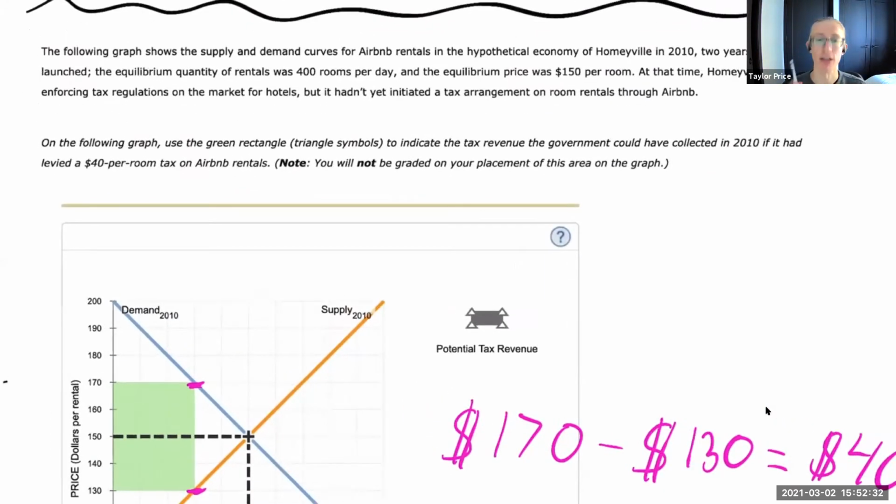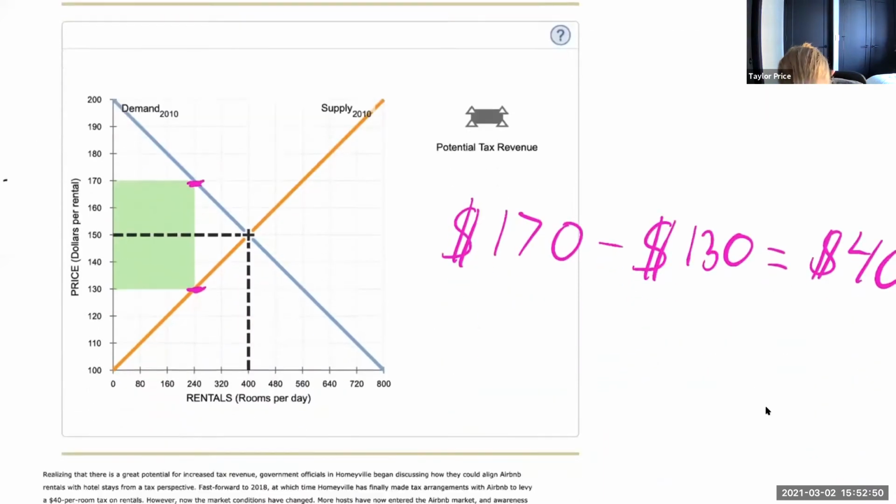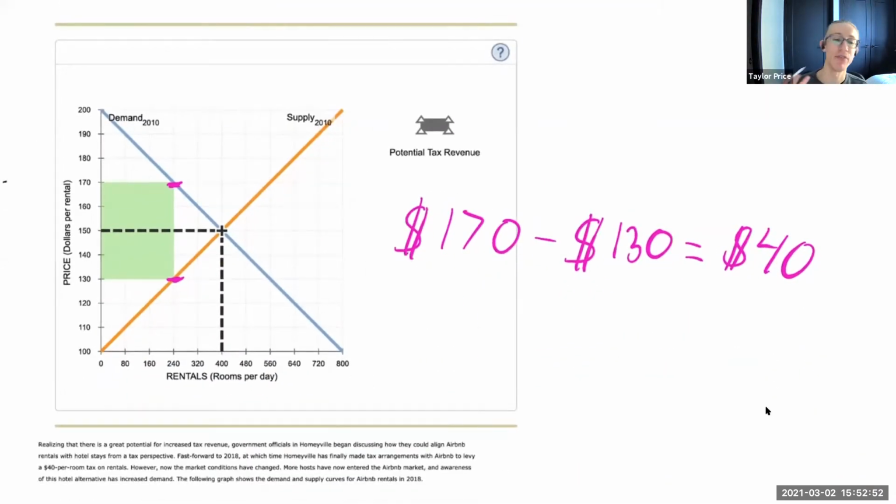And so the final question I had was about, I believe, the Chapter 8 news analysis question for Airbnb rentals. The original problem gives you the equilibrium quantity of rentals and the equilibrium price. So we have this graph here.